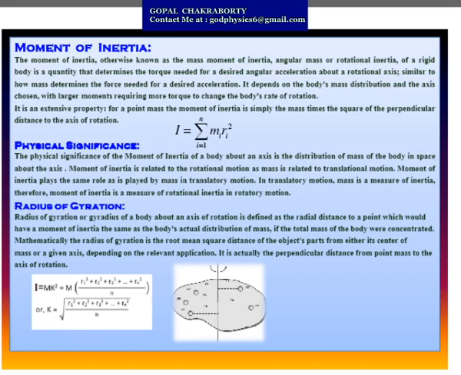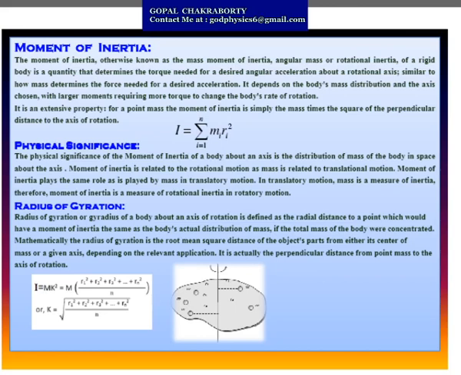Now, radius of gyration. The radius of gyration of a body about an axis of rotation is defined as the radial distance to a point which would have a moment of inertia the same as the body's actual distribution of mass, if the total mass of the body were concentrated there.